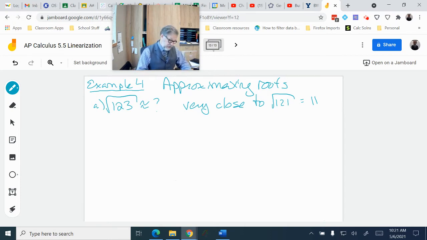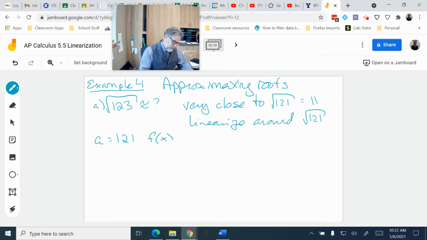So let's linearize this around the square root of 121. We'll start with a equals 121. My function is the square root of x, which means that the square root of a is 11.